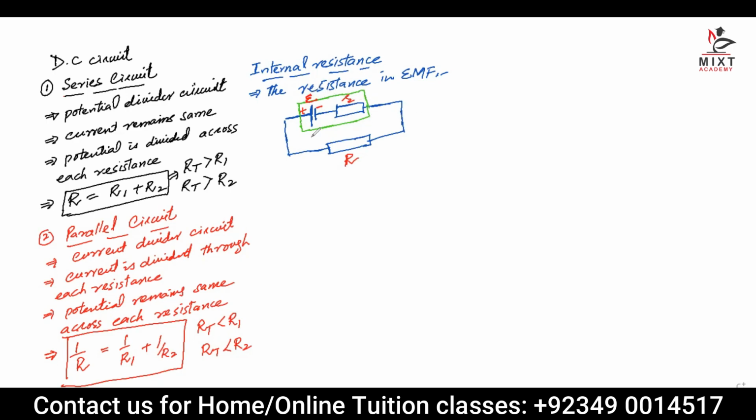So you can write EMF is equal to IR plus Ir, where the external IR drop can be written as potential difference V plus Ir.